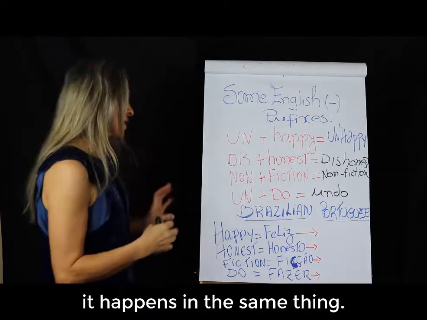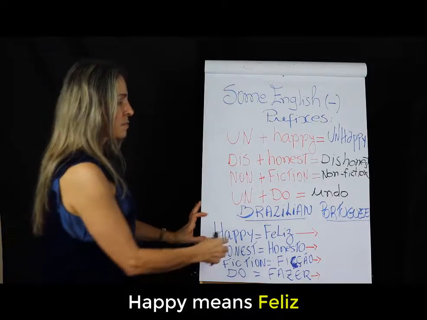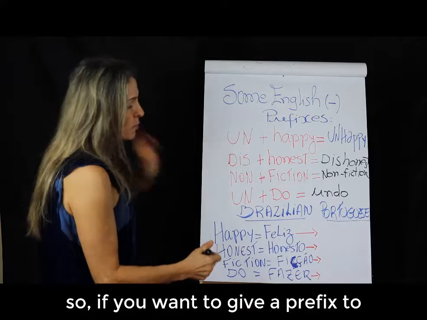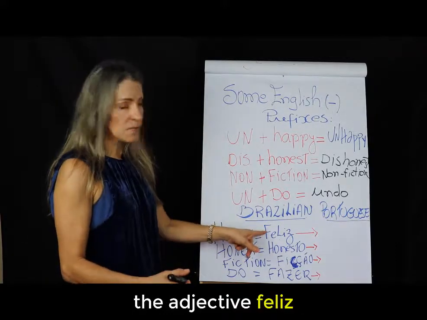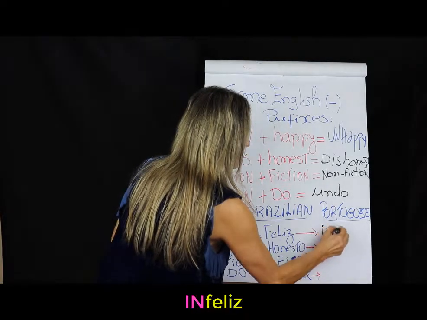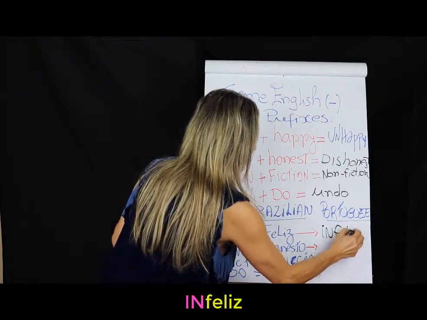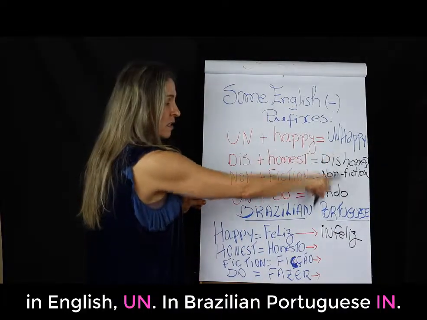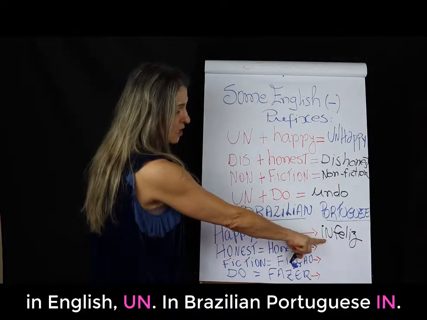the same thing happens. For example, happy means feliz. So if I want to give a prefix to the adjective feliz, I have infeliz. In English, un; in Brazilian Portuguese, in.